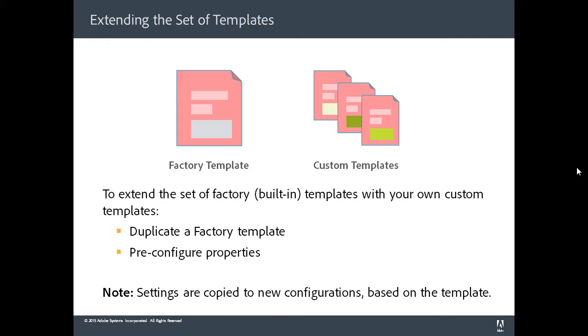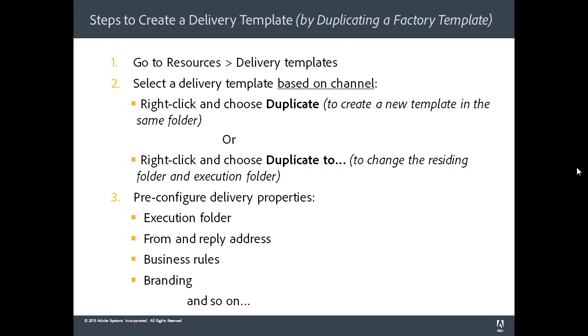You might want to have multiple, for example, email templates, one for newsletters, one for ad hoc deliveries, one for welcoming new clients, new customers, and one for your loyalty program. So again, you can have as many custom templates as you want, and these will support your various campaigns.